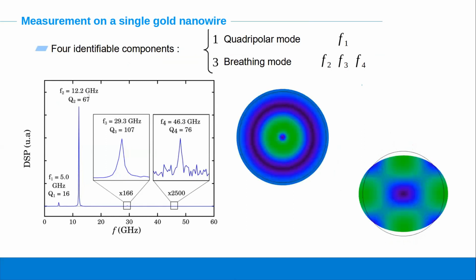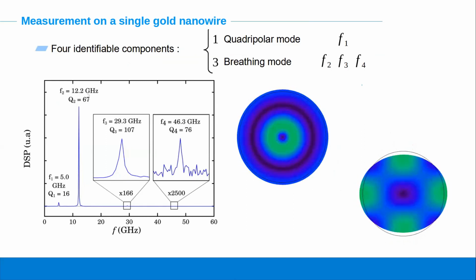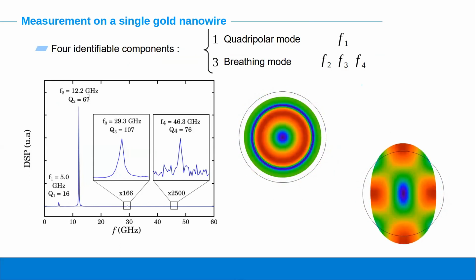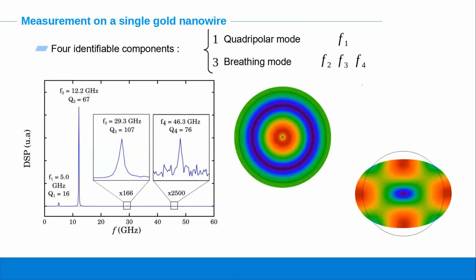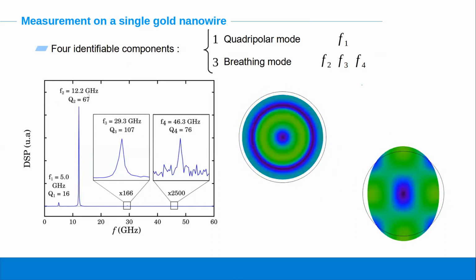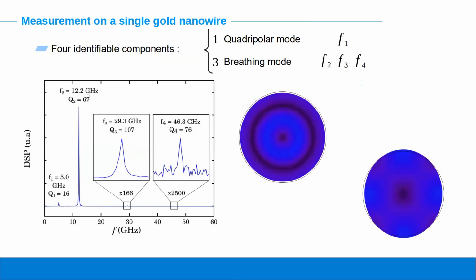In particular, the first component F1 can be associated to the quadrupolar mode of the wire, for which you have the mode shape here, while the components F2, F3, and F4 can be linked to breathing modes and harmonics of the wire. And so these are the values we want to use to determine the elastic property of the material.